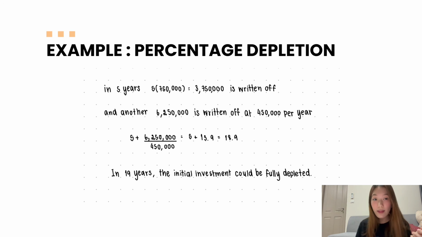So we can get the year that the initial investment could be fully depleted by 5 plus 625,000 divided by 45,000. So the result is 18.9, but we round up the number, so the answer is in 19 years the initial investment could be fully depleted.